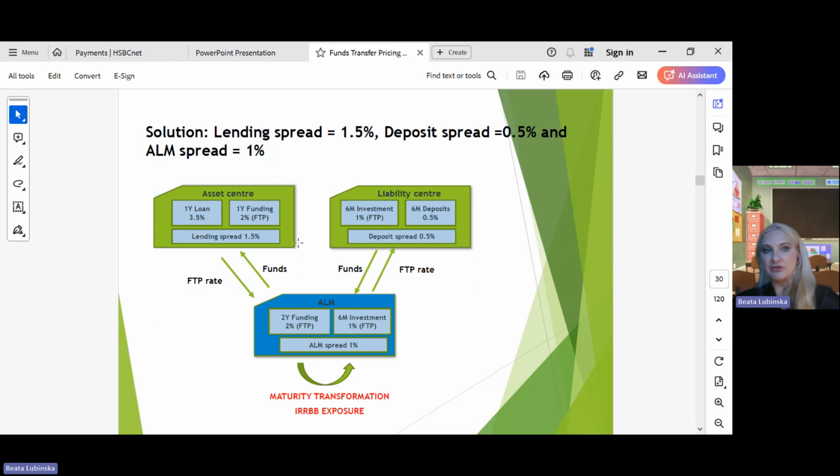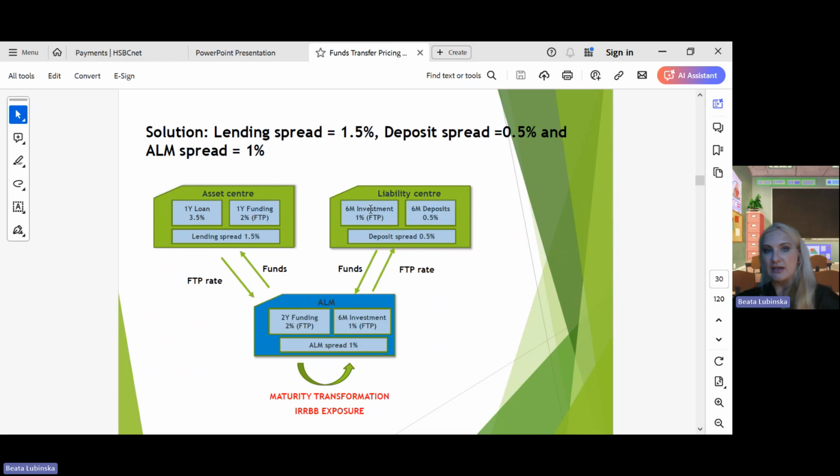Therefore, we know that the position here is matched. There is no risk at the asset side, and the lending spread is 1.5. So the risk has been charged through the FTP rate. Treasury ILM central unit is providing funding for this position, and at the asset center, everything is closed.